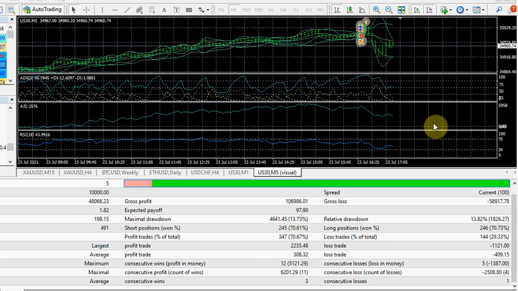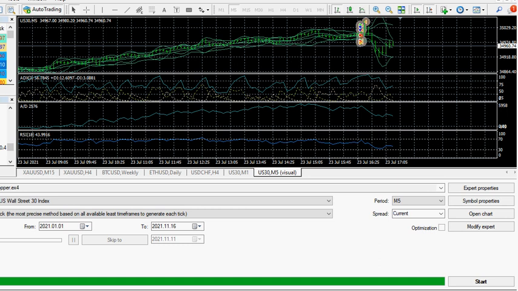As I say, it's the EA coder who has given me all the settings for this. I've just taken them from him. I can see that you can optimize them, which is unusual. It means it's probably been extremely well coded.